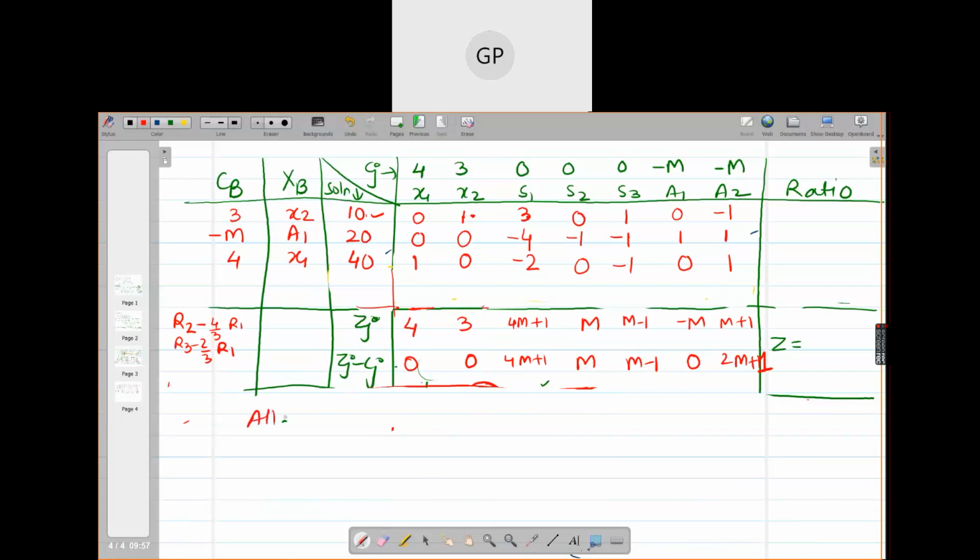So all Zj minus Cj values are positive. Therefore, we stop simplex method. You understand this? This is what we do in case of maximization when we get all positive values in the Zj minus Cj row.